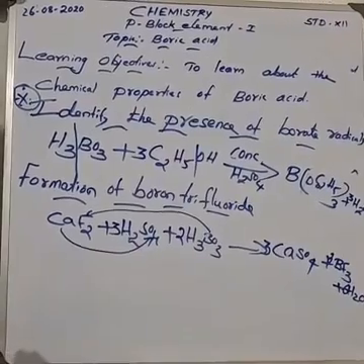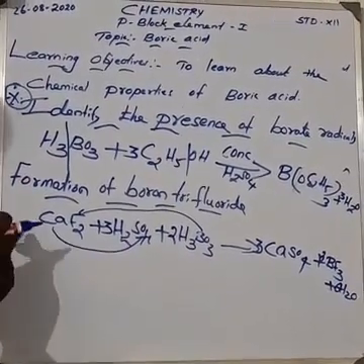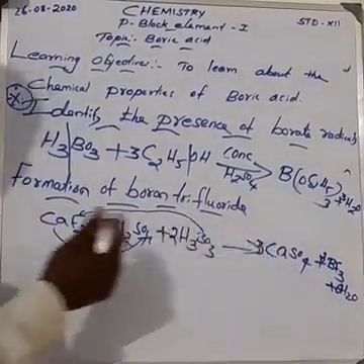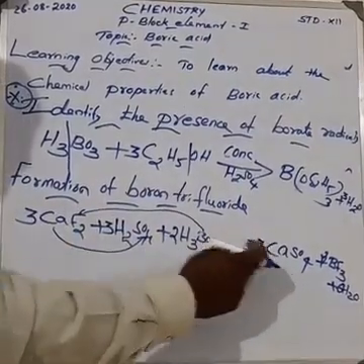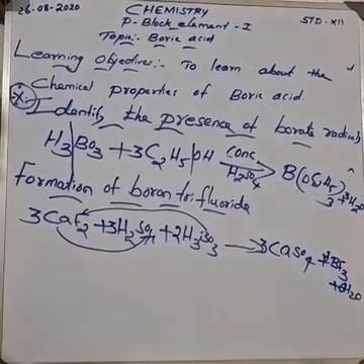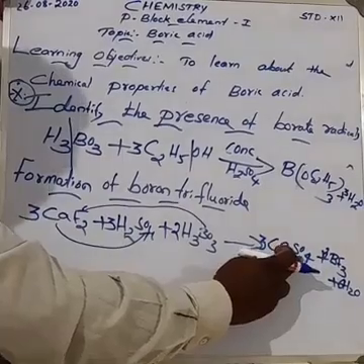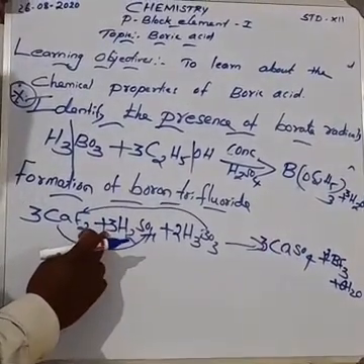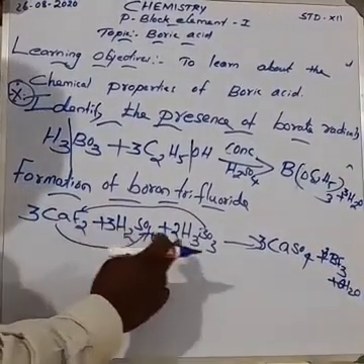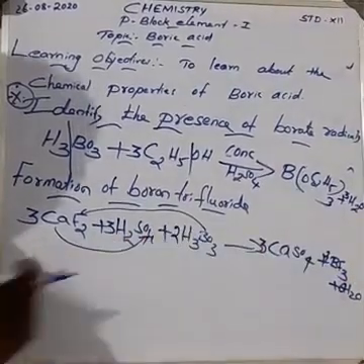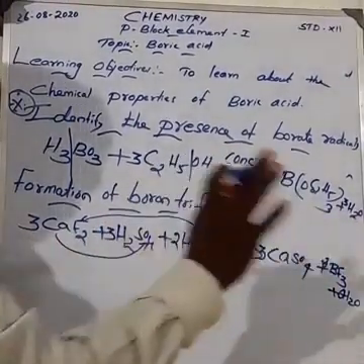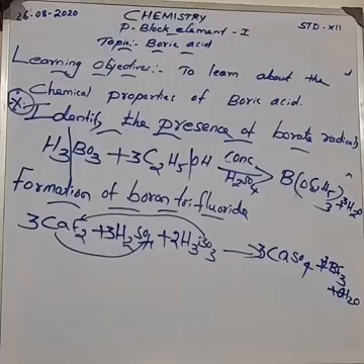How can we balance the equation? First 3 calcium, make the 3 here, then sulfate 3, here also make the 3, and about the boron, make it a 2 here, and hydrogen 6 plus 6, 12, okay.